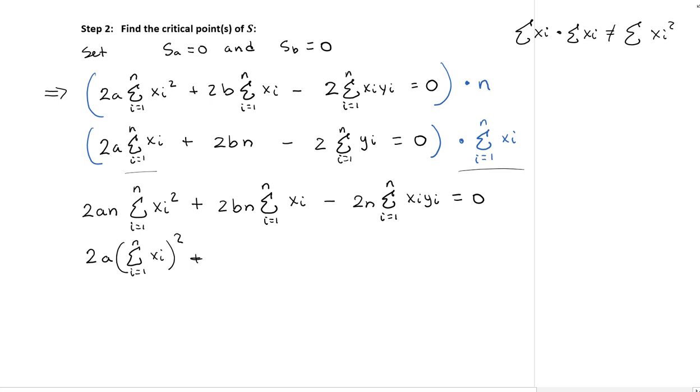Minus, or plus, oh, you know what? I'm being silly. Why don't I make one of these negative? Let's make the bottom one negative so we can see that it cancels nicely. So I'll just throw a negative in front of that first thing that we did. And then let's make this minus 2bn sum from 1 to n of x sub i plus. And again, don't be tempted to just mix the x sub i and y sub i's together.